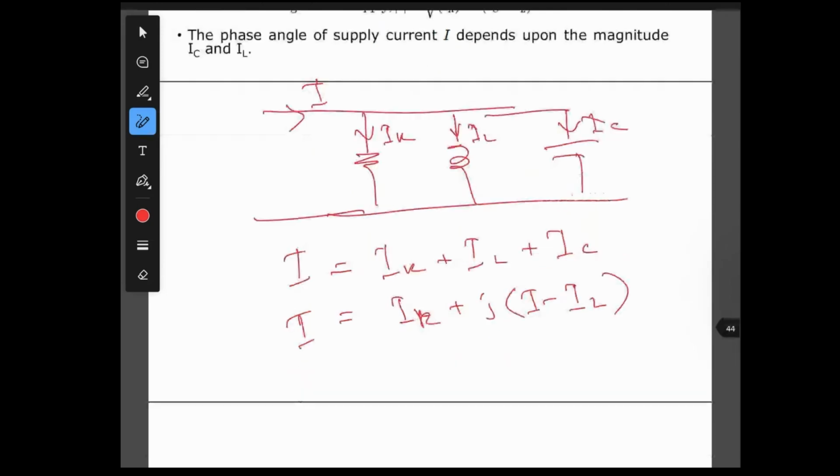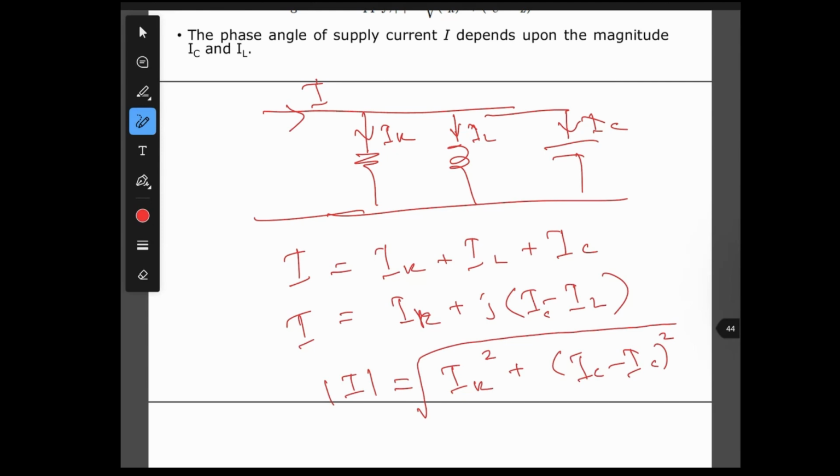So from this equation, we can say that the magnitude of I will equal, again using trigonometry, the square root of IR squared plus IC minus IL squared.